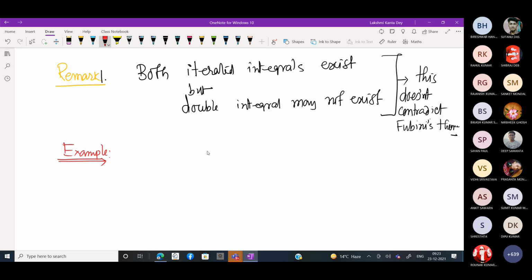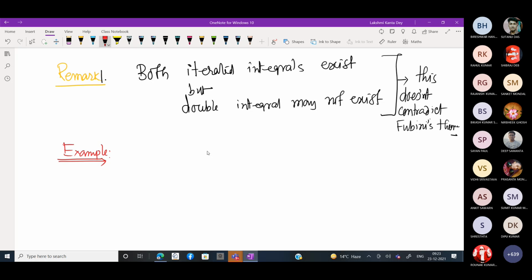Here, this one is pi by 4, and this one is minus pi by 4. So both iterated integrals exist and they are not the same. So by the Fubini theorem, the function f is not integrable on R, where R is 0,1 cross 0,1.